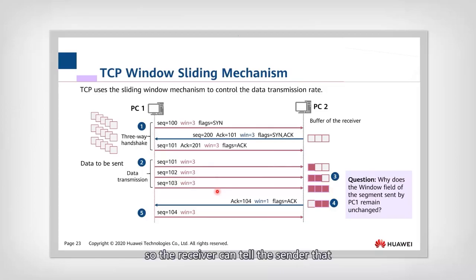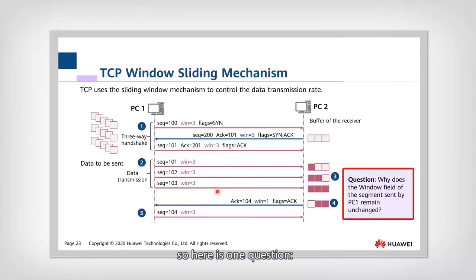The receiver can tell the sender that my window size has changed to 1, so at most you can send 1 byte. This is the window sliding mechanism. It enables the receiver to control the sending rate of the sender.